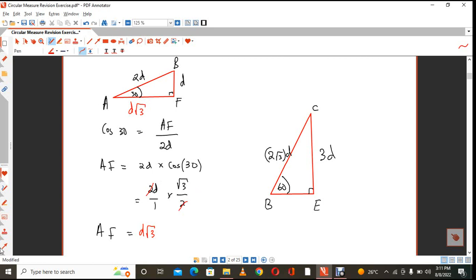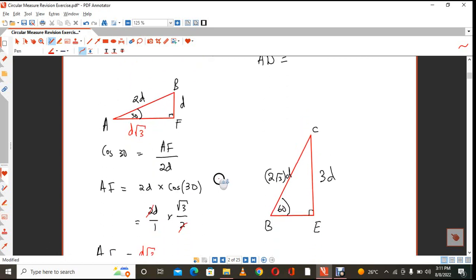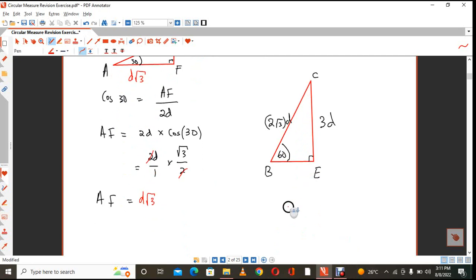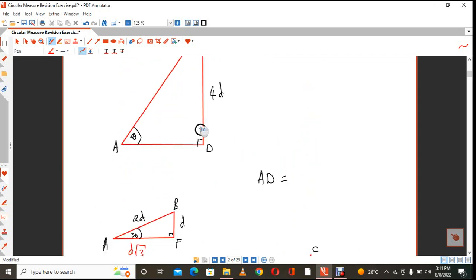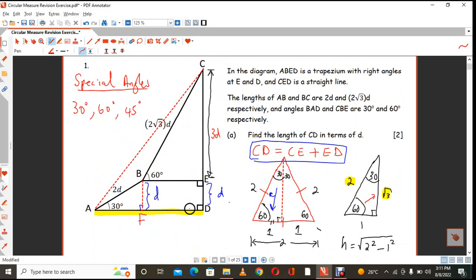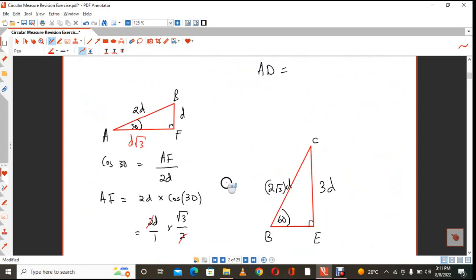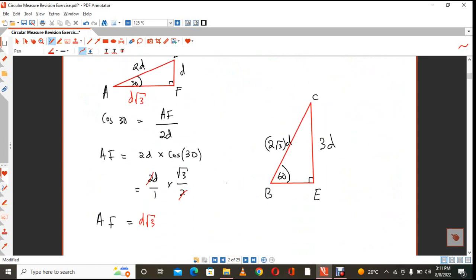That brings us close. We have one distance. We need to find BE now. Why do I find BE? Because BE is the same distance as FD. So I have the triangle with all its different measurements.